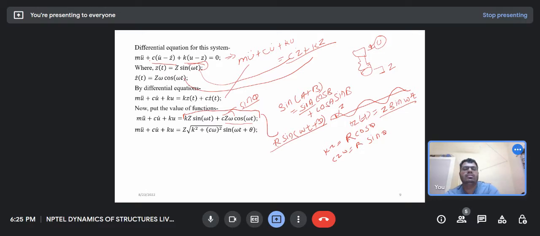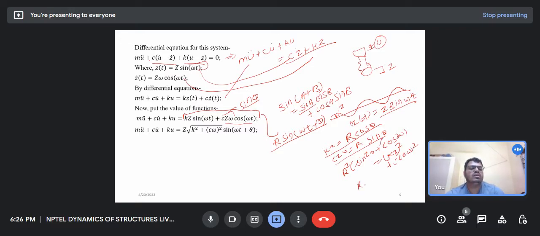Okay, and I can get the value of r if I square this term and square this term and add them. Then it becomes r square into sine square theta plus cos square theta is equal to kz square plus cz omega square, and this becomes 1.